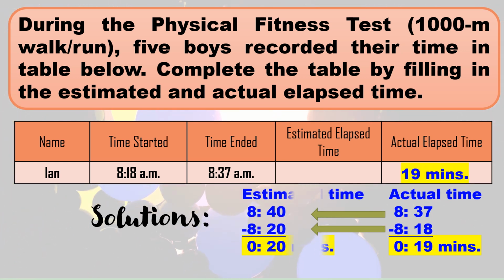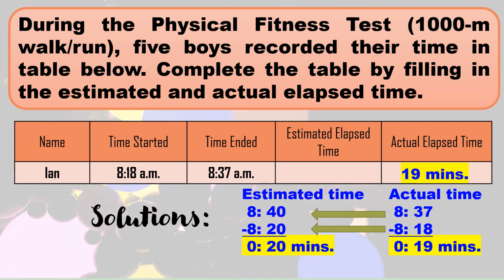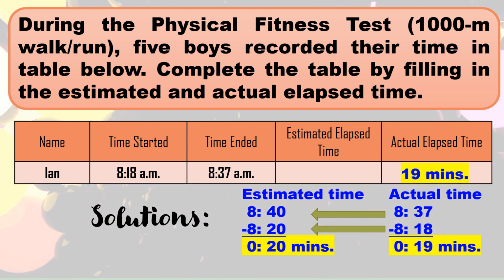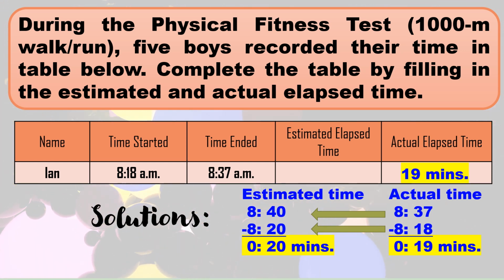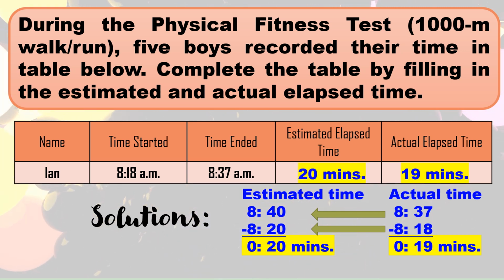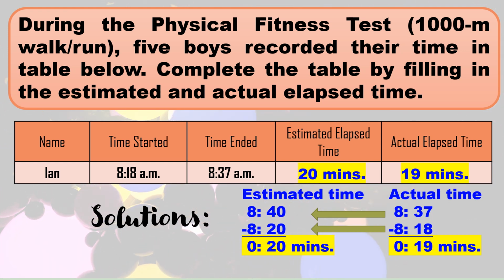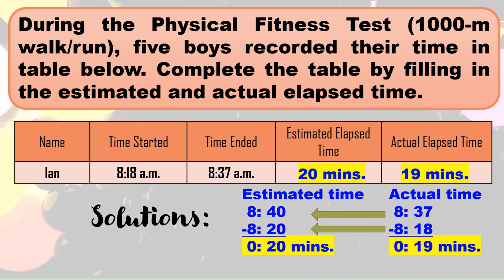Now, by estimating, by rounding the minutes, 8:37 becomes 8:40 and 8:18 becomes 8:20, and the difference is 20 minutes. So the estimated time is 20 minutes. The actual time of 19 minutes will be rounded up to 20 minutes.